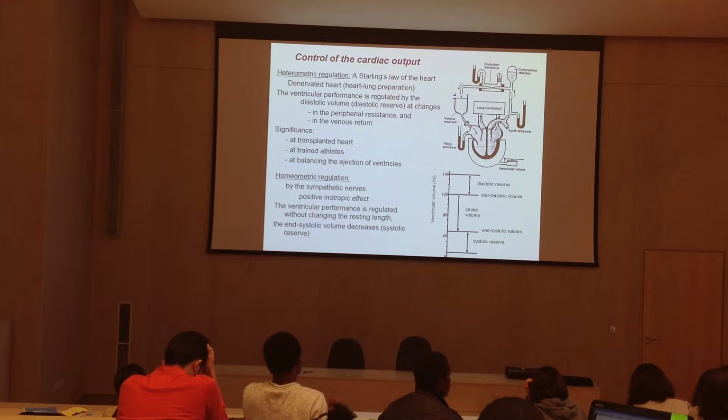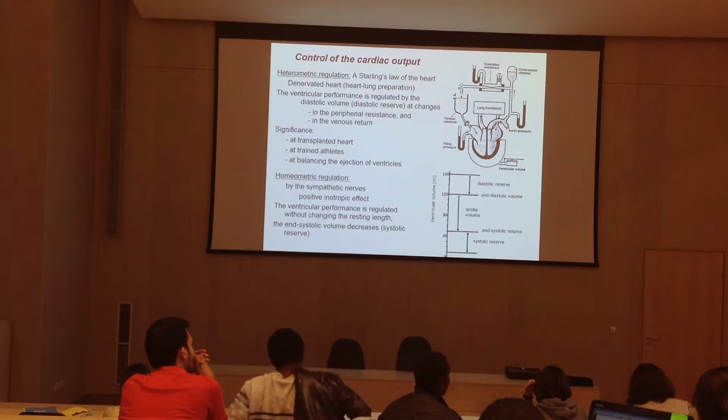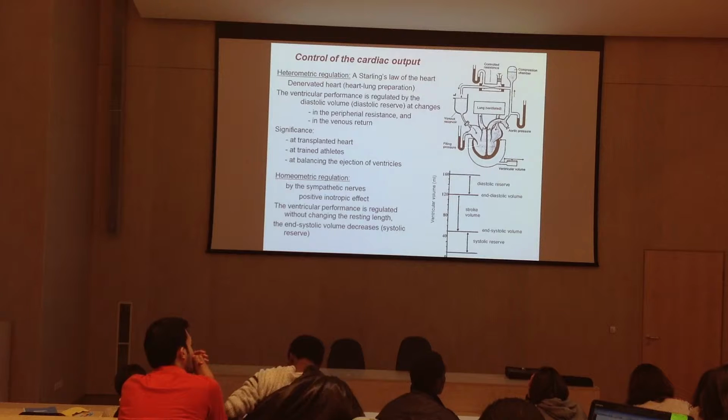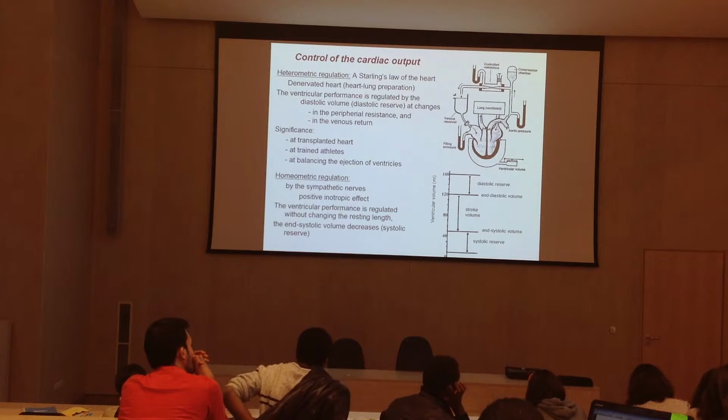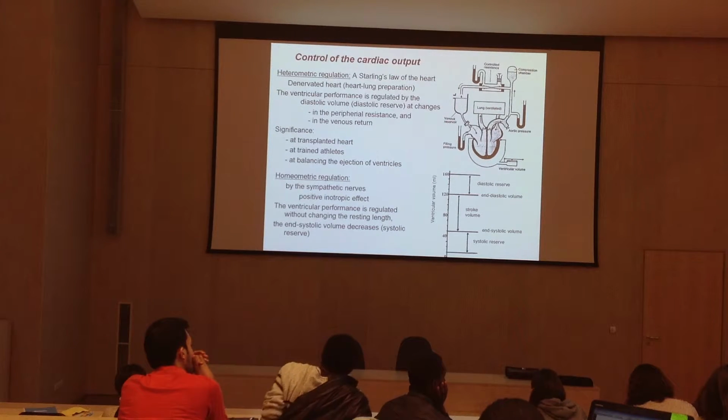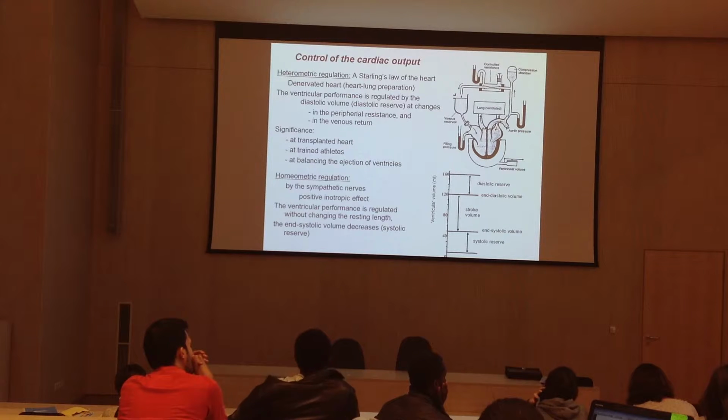And they realized that if the peripheral resistance is increased, after certain cardiac cycles the end-diastolic volume increases, and finally the same volume was ejected.